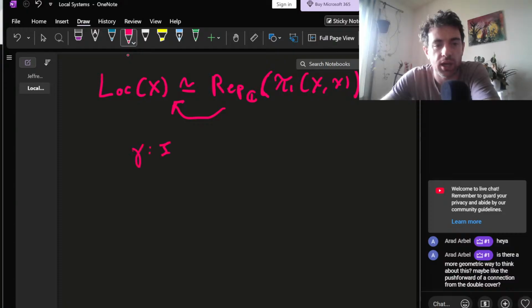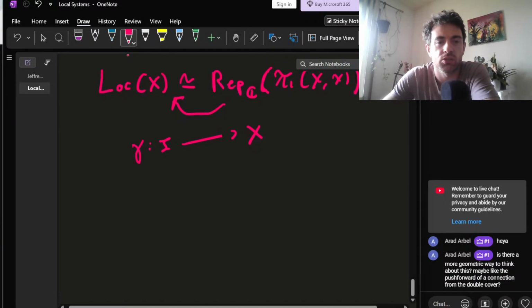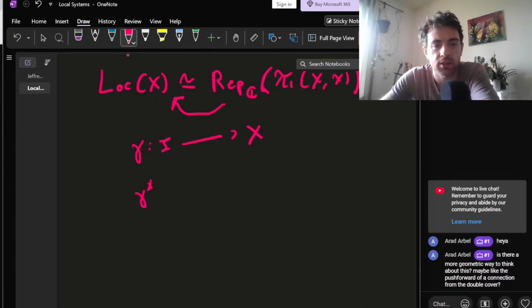So you take a path, a loop in your space, and you take your local system, and then you can pull your local system back onto the interval, and then you can take a stalk at 0. But the stalk at 0 should be isomorphic to the stalk of your local system at gamma 0, which is just equal to the stalk of your local system at gamma 1.